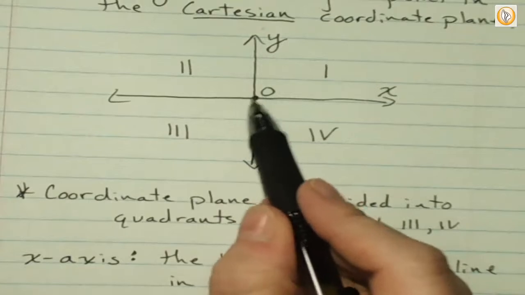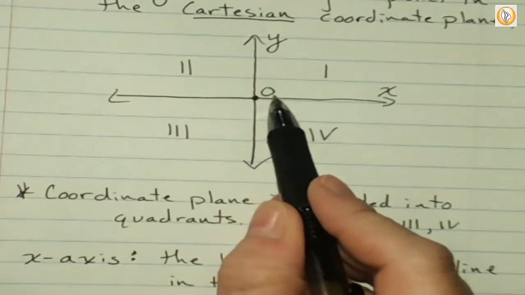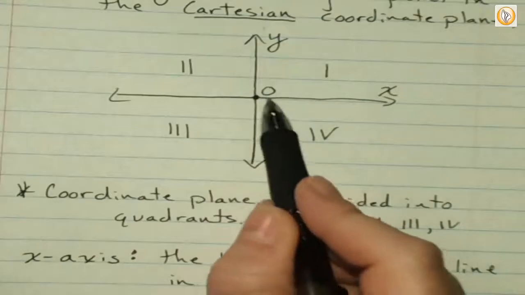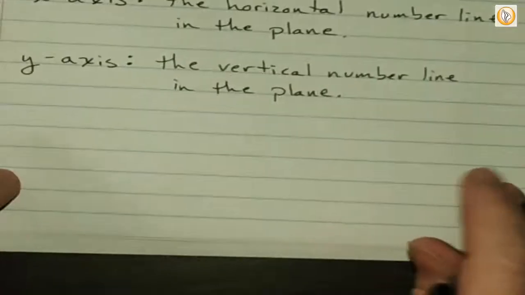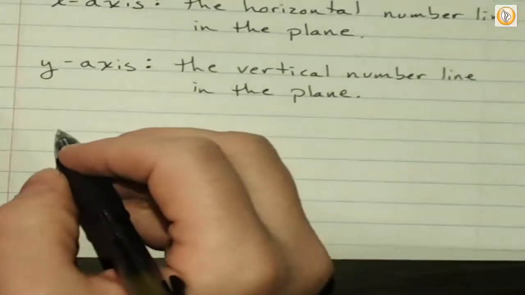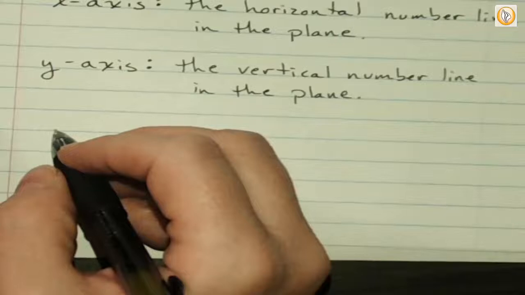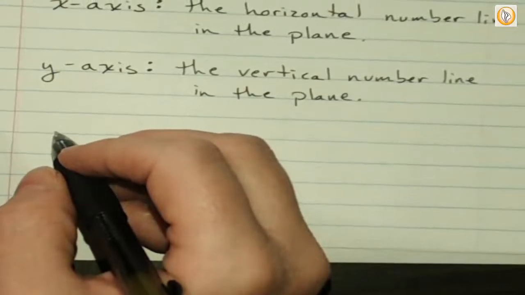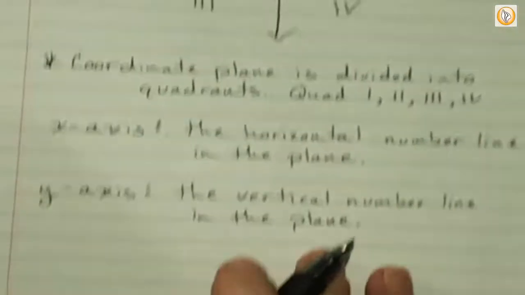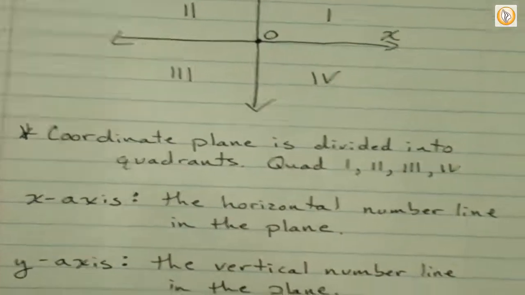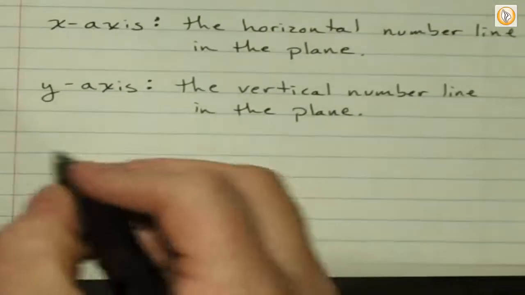Cecilia told us that the very center's value is 0 because if we were doing a number line, it would be 0. Does anyone remember what it's called? Raise your hand. Crossroad?